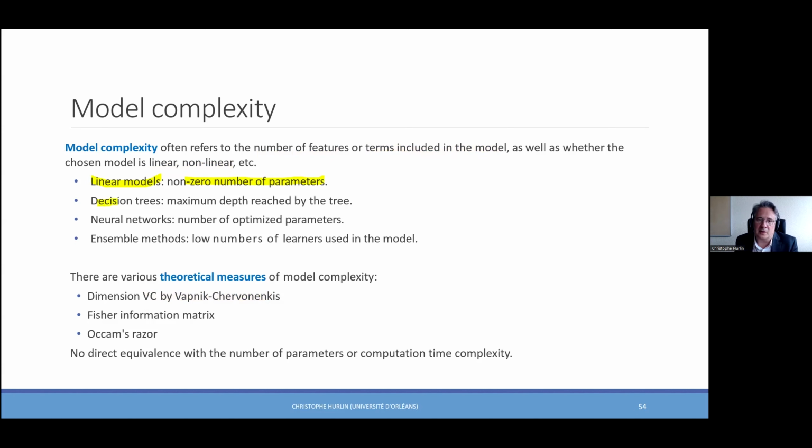For people who know what a decision tree is, it is characterized by leaves and decision nodes. In a decision tree, the complexity is measured by the depth of the tree, the number of final leaves that you have in the tree, etc.